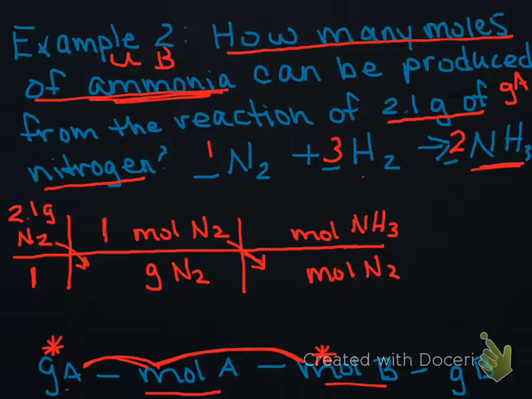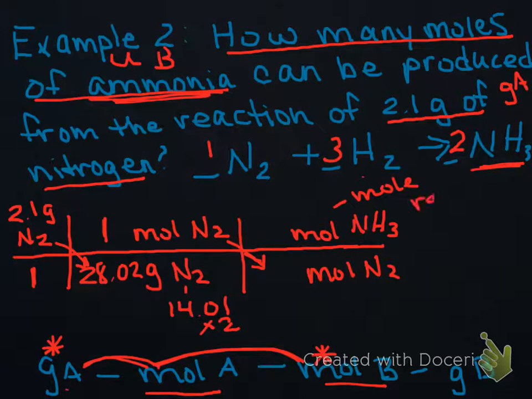I know that 1 mole is equal to the molar mass. So I have to look up nitrogen on the periodic table. It's 14.01 times 2. So I have a mass of 28.02. And then here I have moles of ammonia over moles of N2. That's a mole ratio.